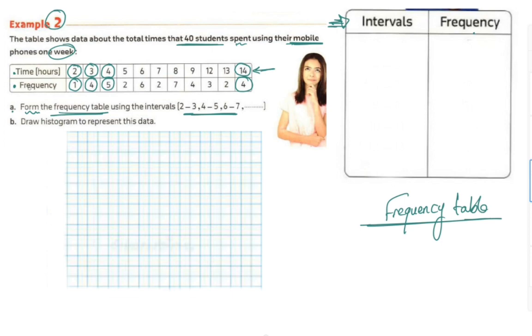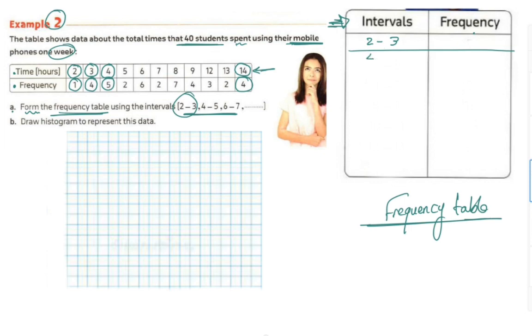Now for times, I will start with this interval 2, 3. Next one 3, 4? No, wrong, because we don't repeat 3 and 3.